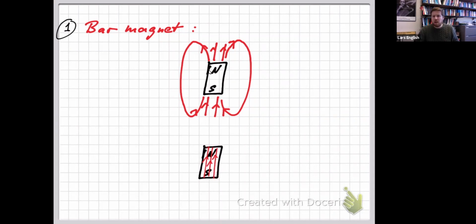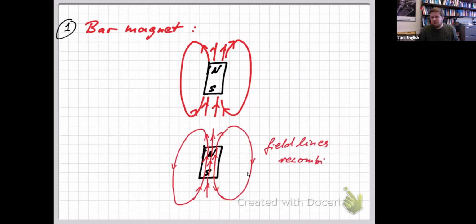Now putting these two little cartoon images together, we see that the field lines form this kind of configuration, and the important thing to take away from it is that the field lines recombine. It's a continuous loop, for instance, right here.